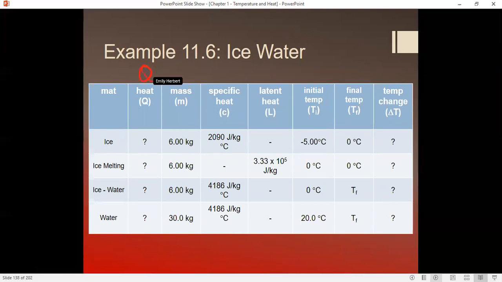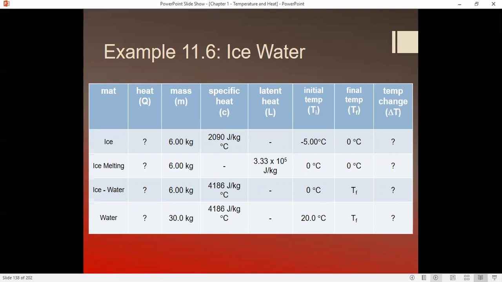I still have Q equals MC delta T, but alternatively, I also have Q equals M L for latent heat of fusion, okay?